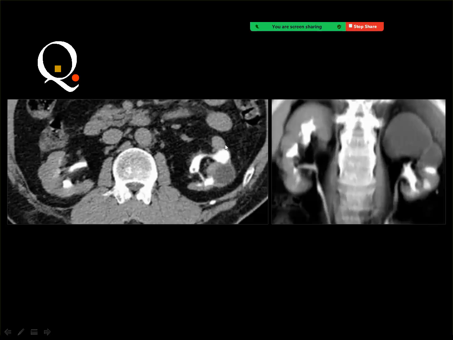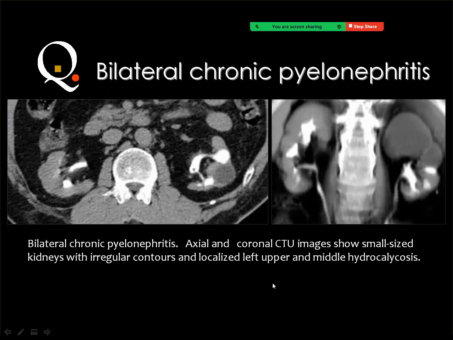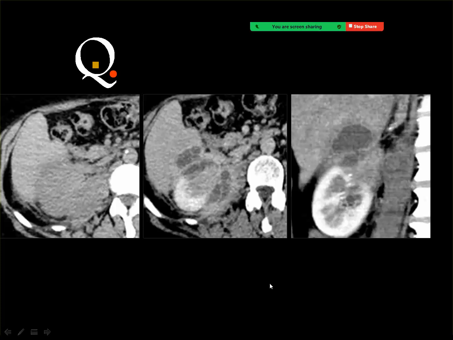You see marked loss of the renal parenchyma with scar tissue that has resulted in this appearance. The calyx is not covered by any renal parenchymal tissue, and this is the case also on the right side. The diagnosis is bilateral chronic pyelonephritis.